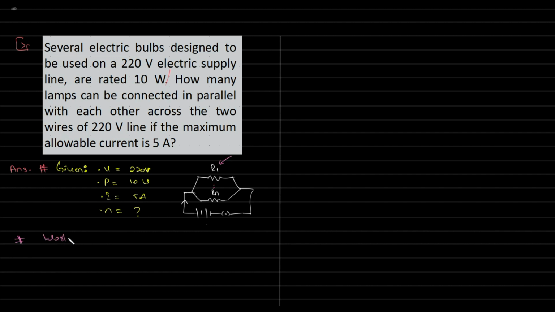So we'll begin with the first statement: V is equal to I into R, as per your Ohm's law.